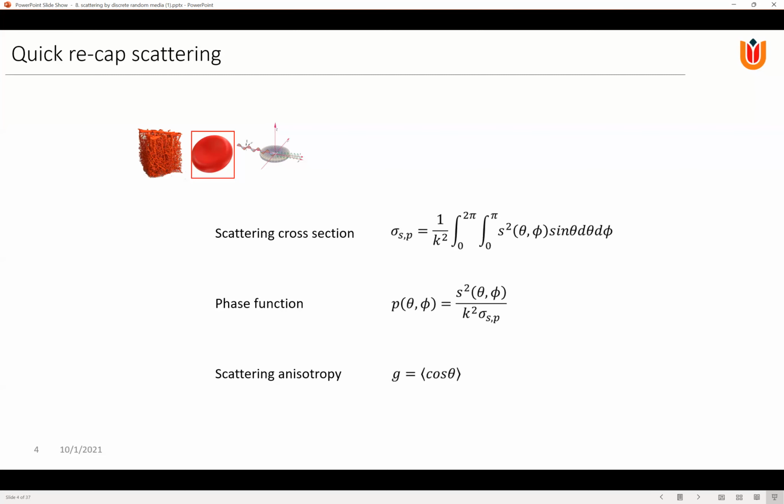You're having the same function that you divide by a constant, so the information is the same. It is now normalized over theta and phi by this constant, but it holds the same information of how light is distributed over the different angles theta and phi.